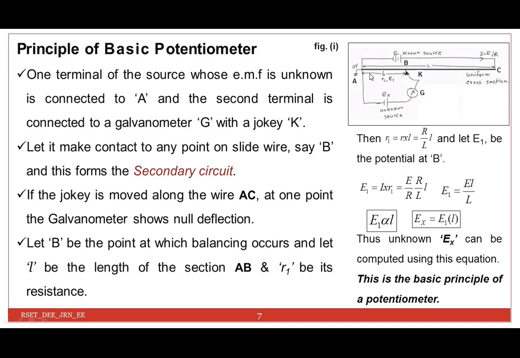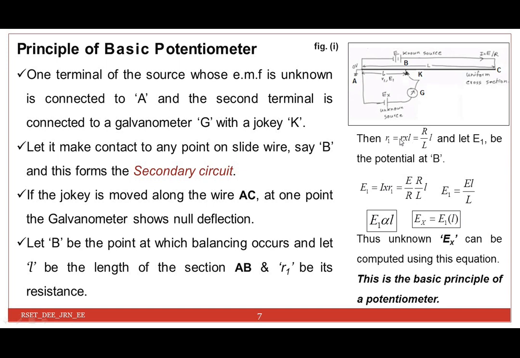So let small r1 be the resistance of the length AB, and let E1 be the potential at B with respect to A. So R1 can be computed as, you already have seen, R is the resistance per unit length. So R1 is equal to R into small l. So this much length is L, small l. So R1 is equal to R into L.